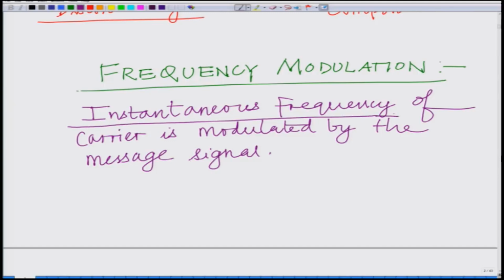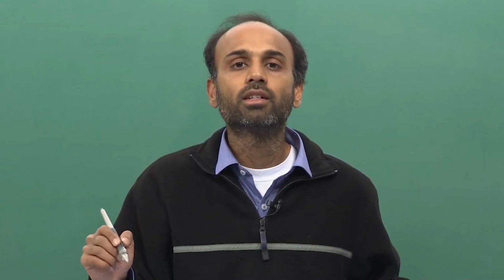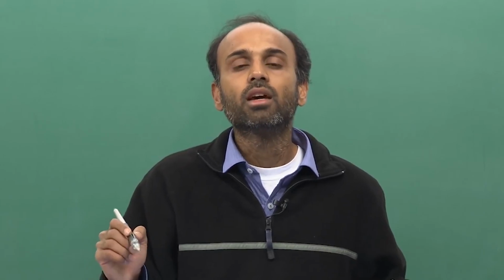In phase modulation, the phase of the carrier is modulated by the message, which results in phase discontinuities. However, in frequency modulation, the instantaneous frequency is modulated by the message signal, and this can be expressed as follows.